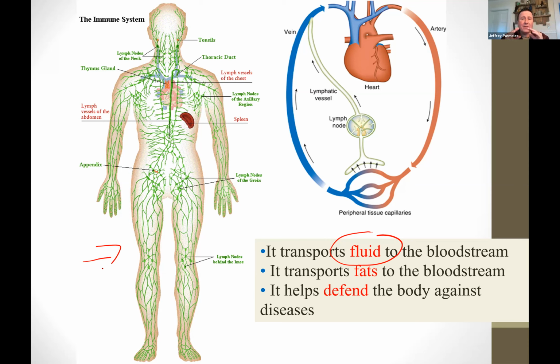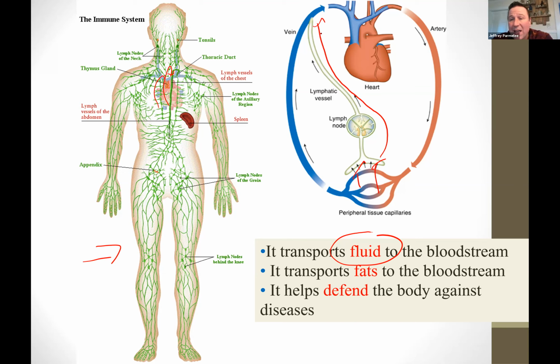And because they have valves, the lymph just moves back towards the heart. Eventually all the lymph in your whole body is going to move back through a right lymphatic duct and a thoracic duct, and back into the veins. So this excess water makes its way slowly back to your blood plasma.